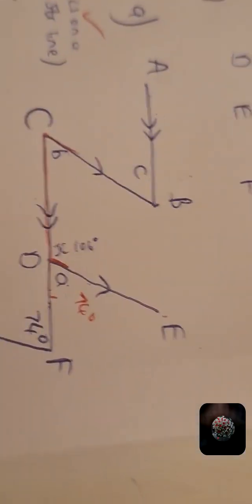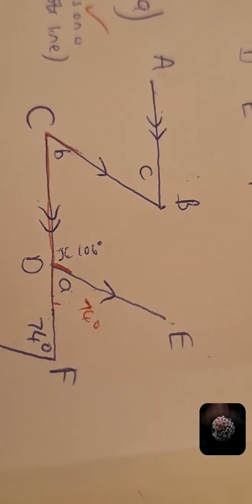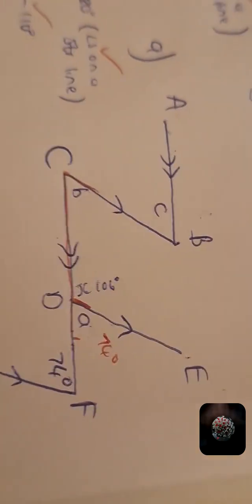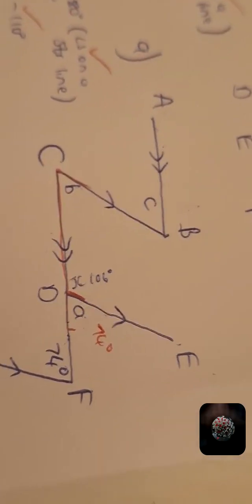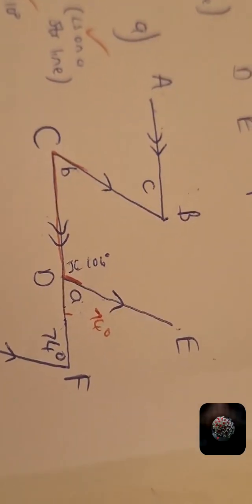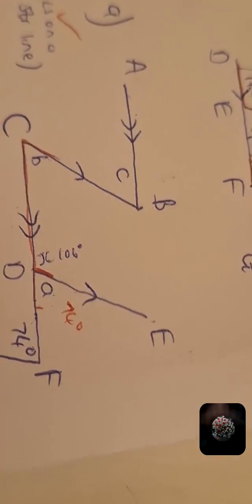From there, we use co-interior angles. So it's going to be B plus 106 equals 180 degrees.